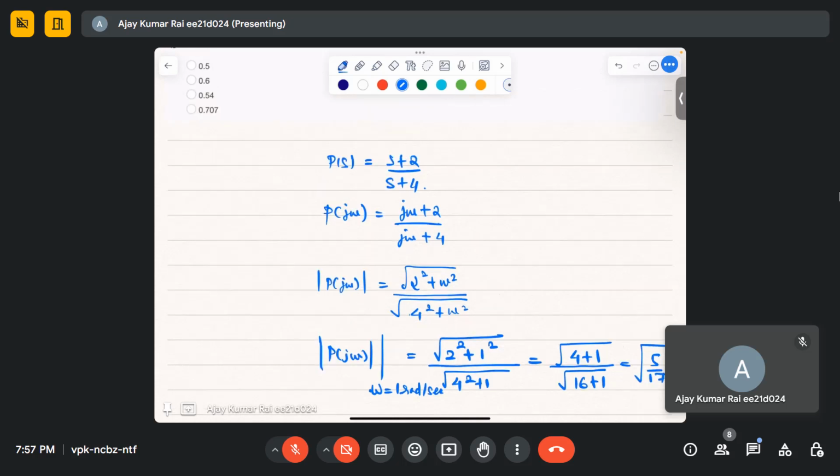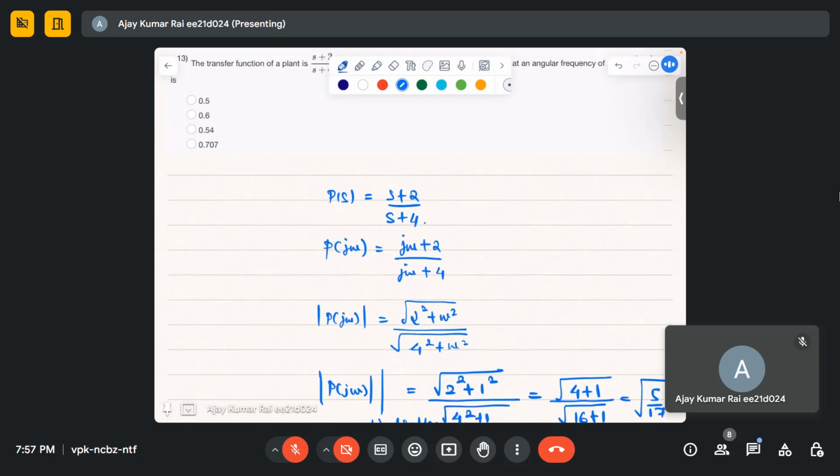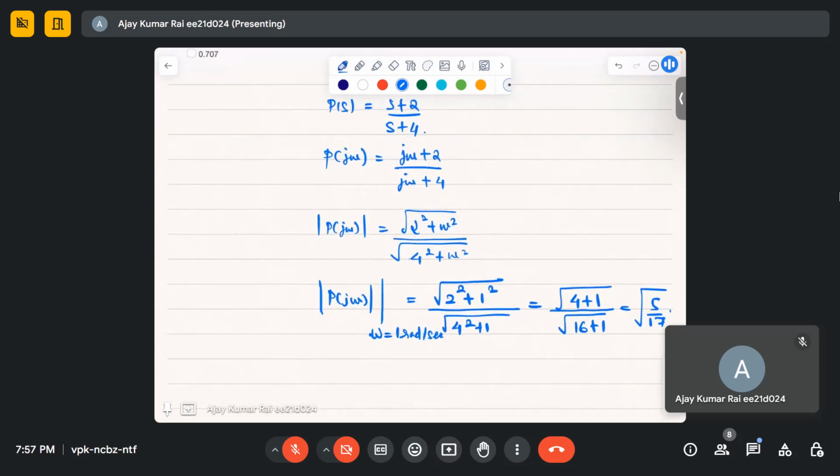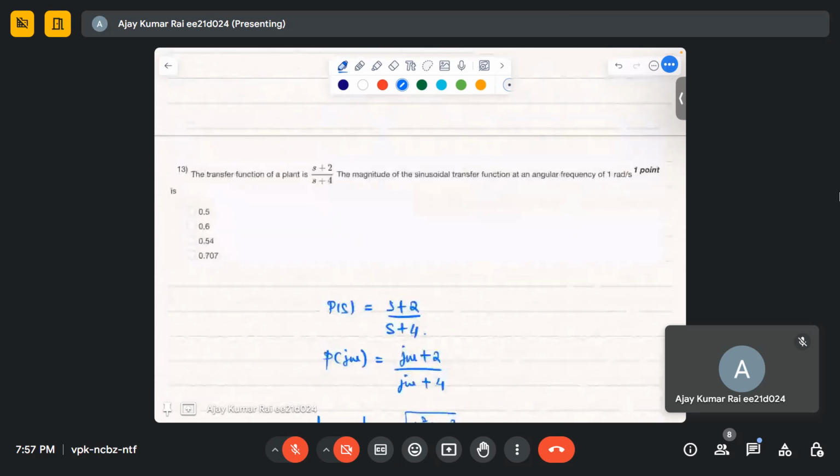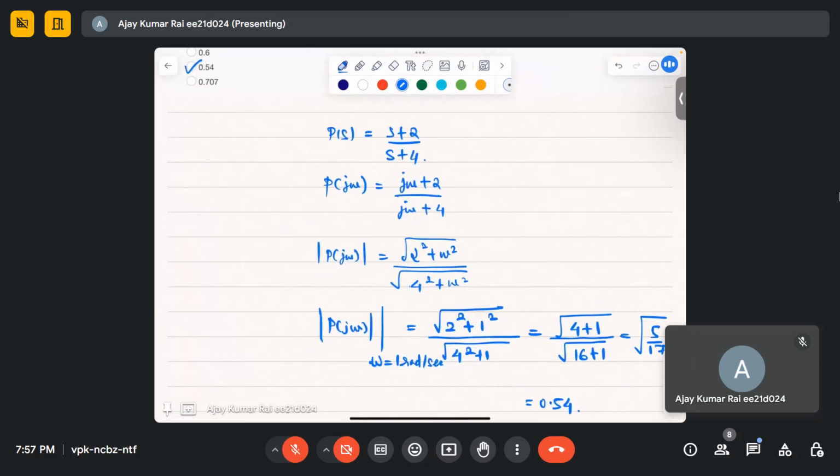What is 5 by 17? 0.29. We have to take the root also. I am getting 0.53, so write this as 0.54. Very simple. This is how we calculate the magnitude.